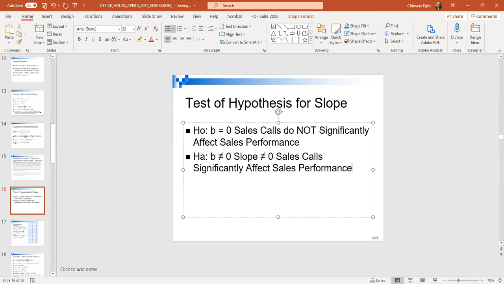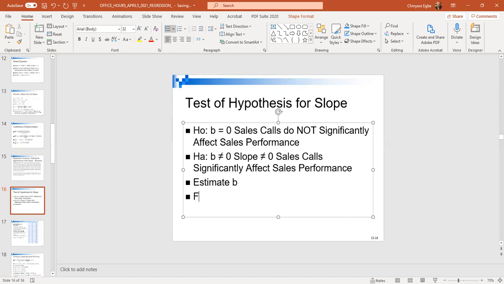And of course, you estimate B, which we know is B hat.